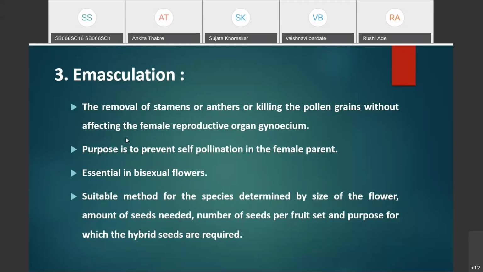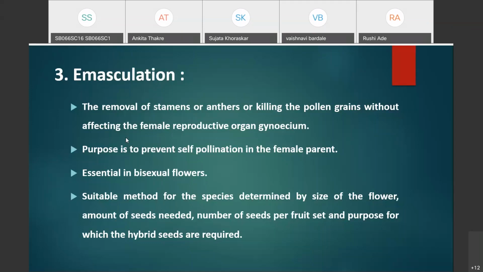For example, whenever the size of the flower is large, then we can carry out hand, forceps or scissor emasculation. But if the flower is small, then you cannot use the hand emasculation method.